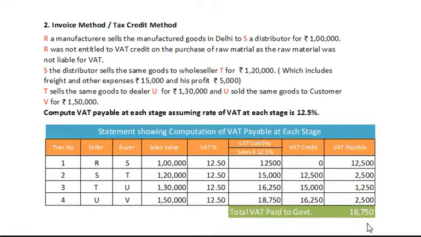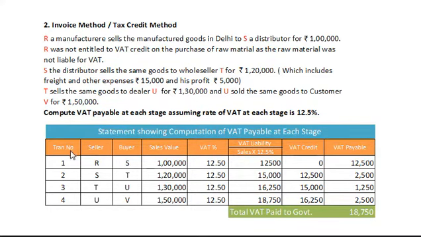My dear students, here R, the manufacturer, sells goods to S, distributor. S, distributor, sells goods to wholesaler T. T sells goods to U, and finally U sells goods to V. So first we need to understand the transactions which take place between manufacturer and distributor, distributor and wholesaler, wholesaler and retailer, and retailer and end user.